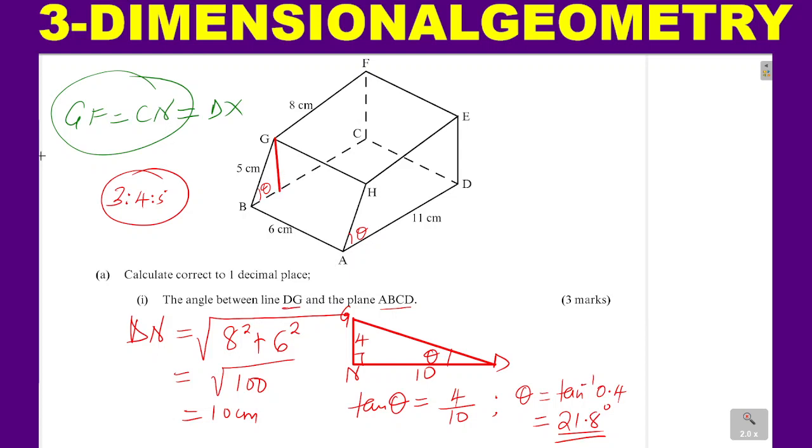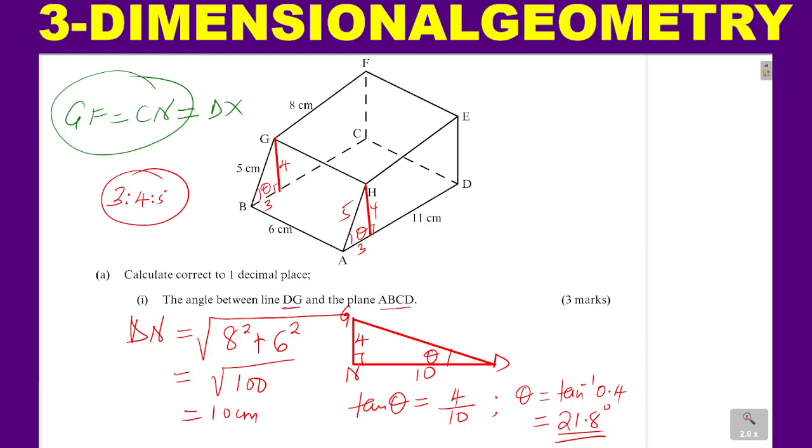That line was perpendicular, and having obtained that it is 90 degrees, and having identified that this side is 3 and this one is 4, the same thing happens here. If you draw another triangle, it will still be 3, 5, 4. So you can use either of these angles to give you the angle between those two planes.